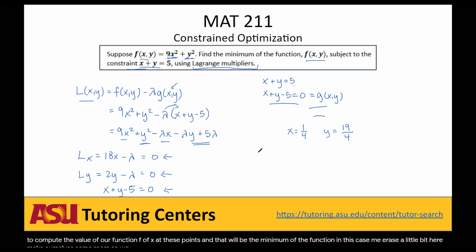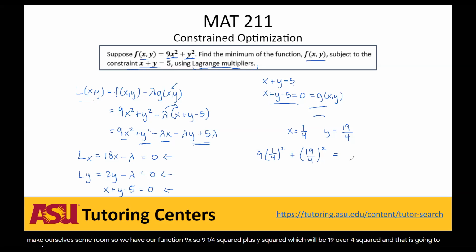So we have our function 9 times 1/4 squared plus y squared, which will be 19 over 4 squared. And that is going to equal 9 times 1 over 16.